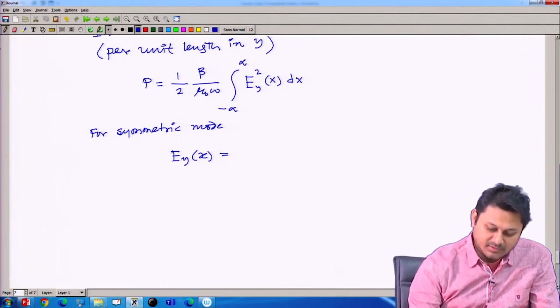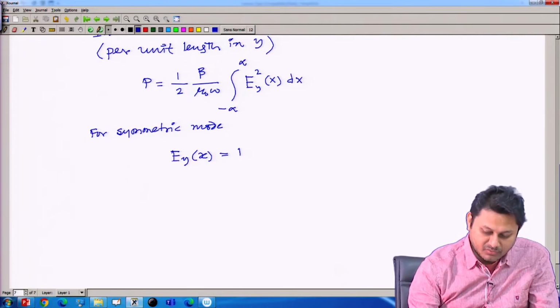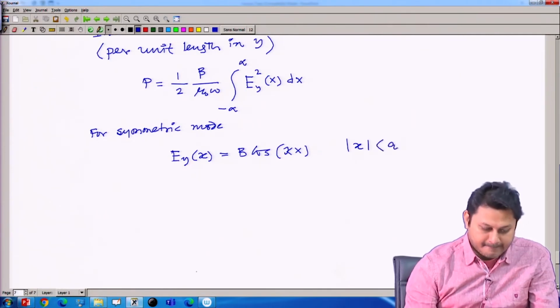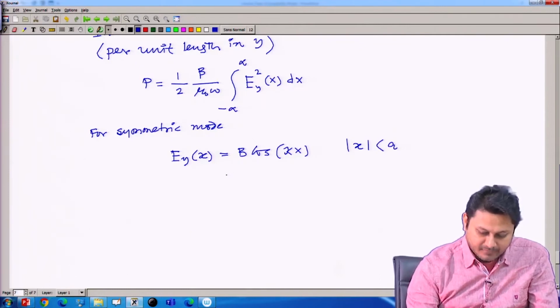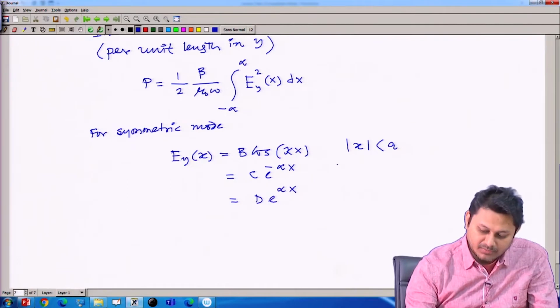So, it is B, the peak value, and cos of kappa x in the region x is less than A. And outside that it was C e to the power of minus alpha x and D e to the power of alpha x depending on the region.